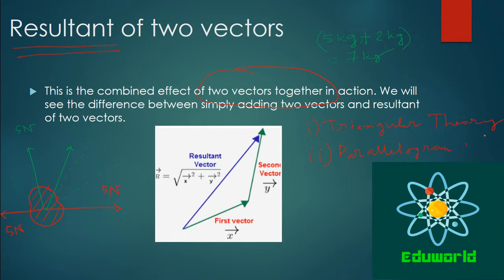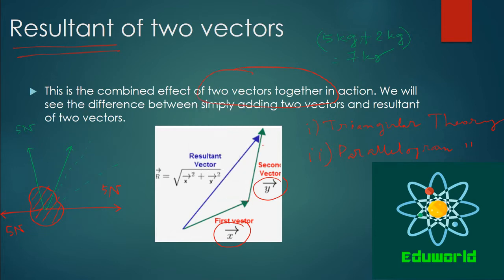So what is the triangular theory? Say we have two vectors, like in this figure, one vector is x and one vector is y. Now we want to evaluate the resultant of these two vectors. By the triangular method, we draw this vector, and from the end point of this vector we draw the other vector y.